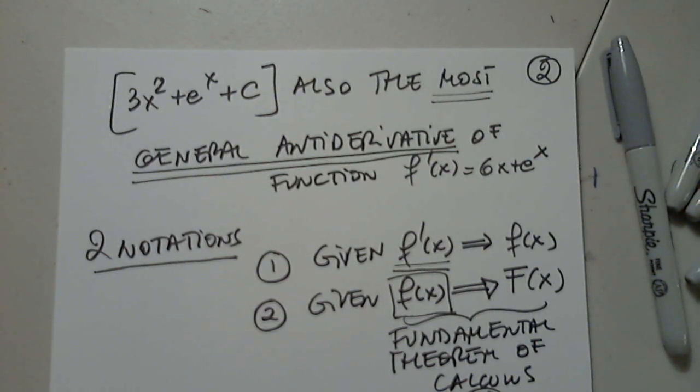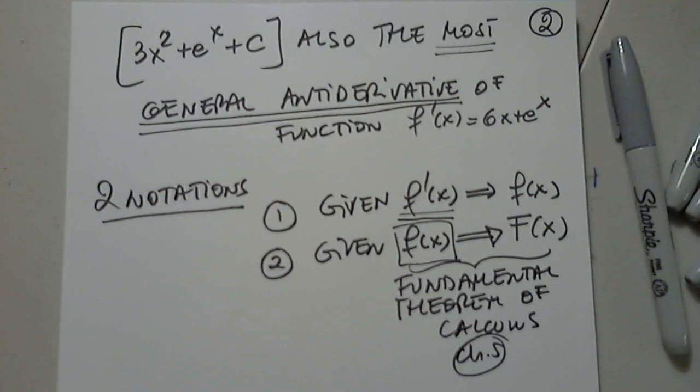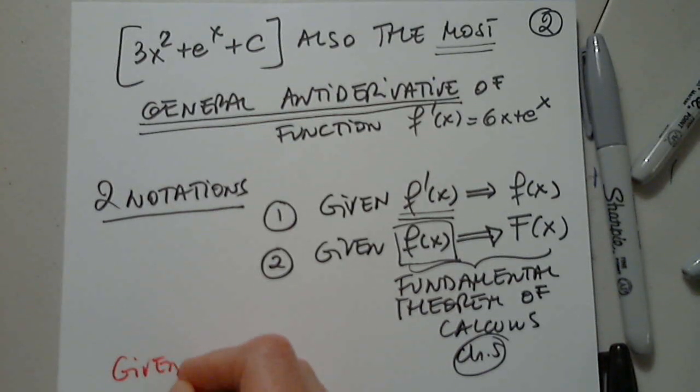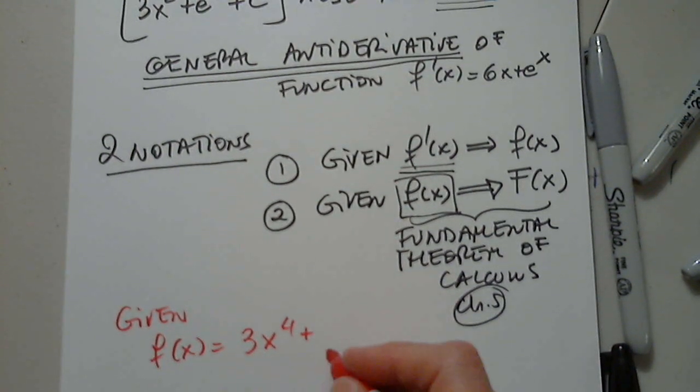Okay. I would like us to practice now with examples. But one other thing I was going to say. Let's say given f of x equals 3x to the 4th plus 3.